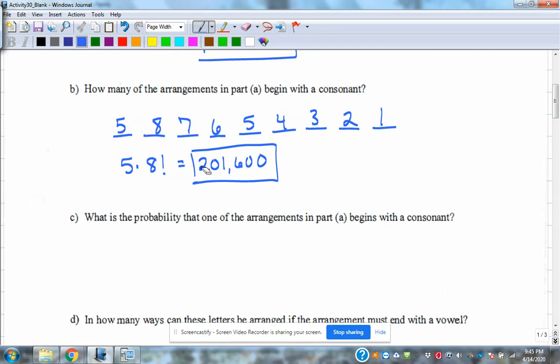We have 201,600 that begin with a consonant, and then we have 362,880 possible arrangements in total. So this is, again, successes over possible ways. And we're going to reduce that fraction.